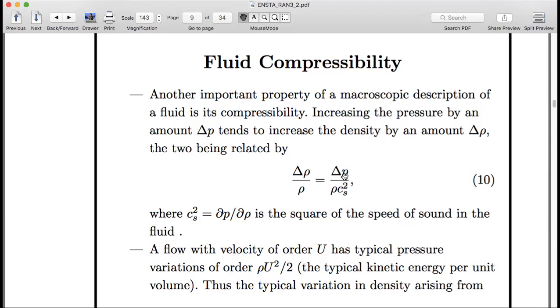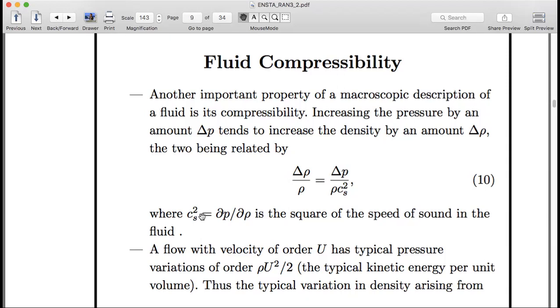If we compare that to the pressure increase that we applied, also divided by rho, there's a proportionality constant there, which corresponds to the derivative of the pressure with respect to the density. So this is just differential calculus applied to pressure and density.